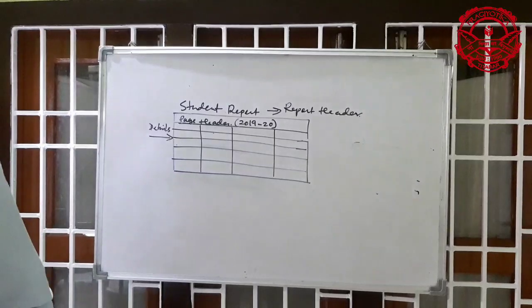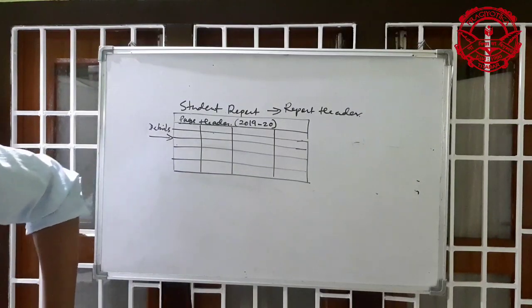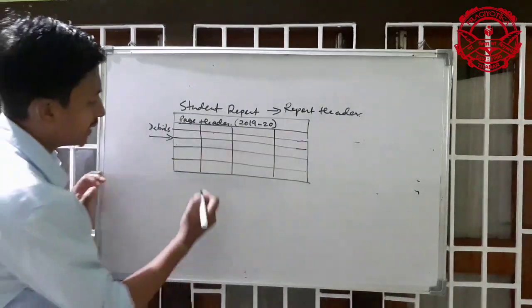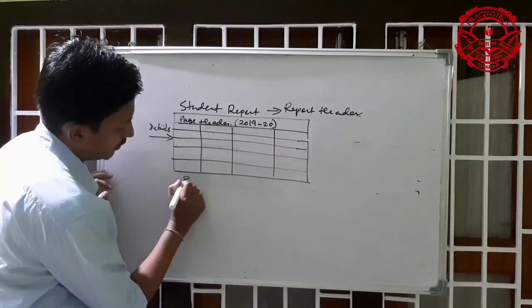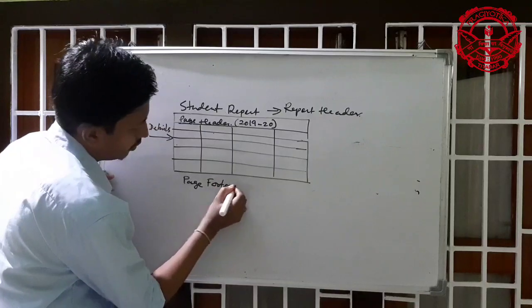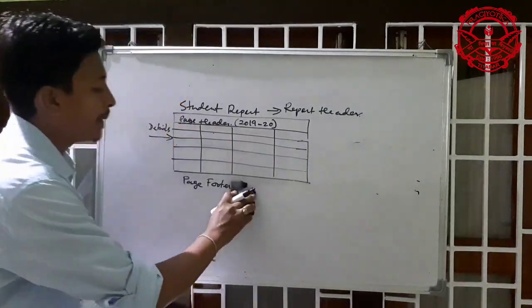Now next is page footer. Page footer means there is a footer you can give. You can give page footer here. It gives the page number.